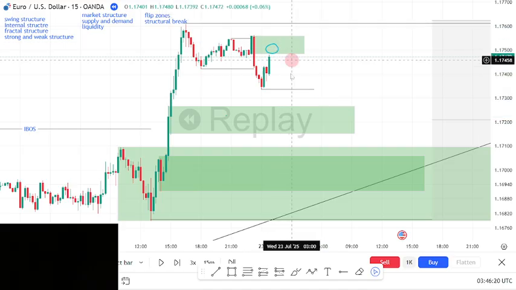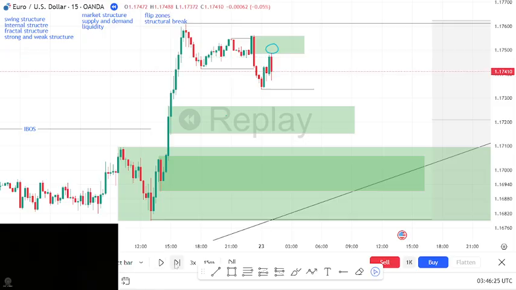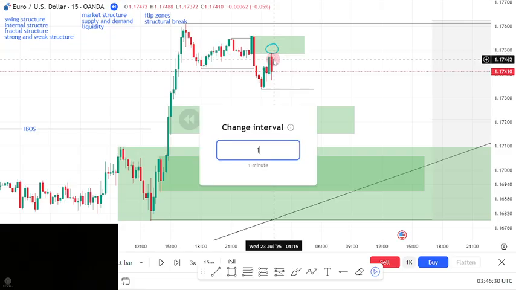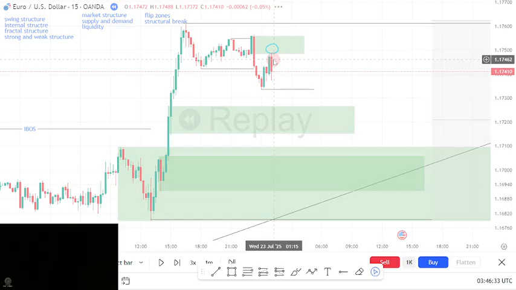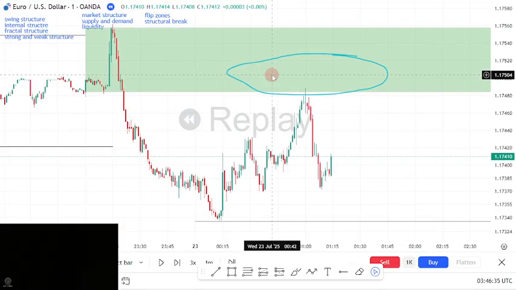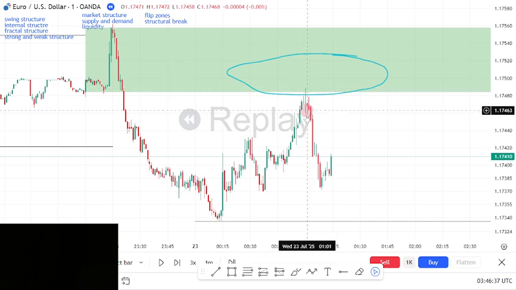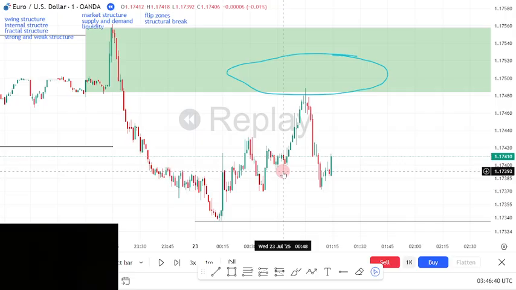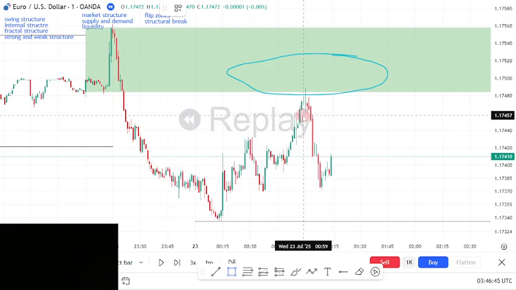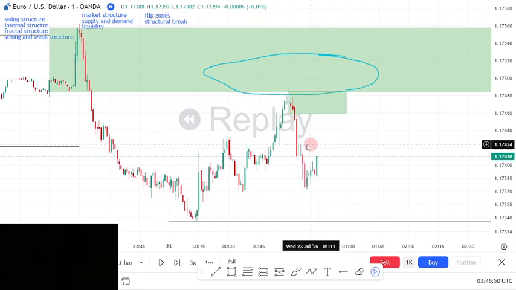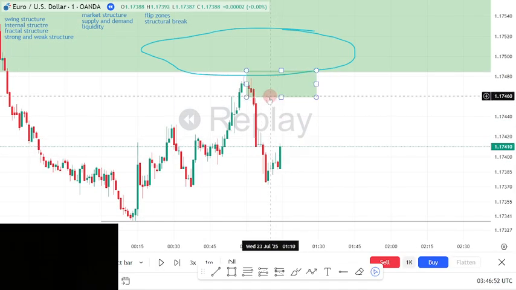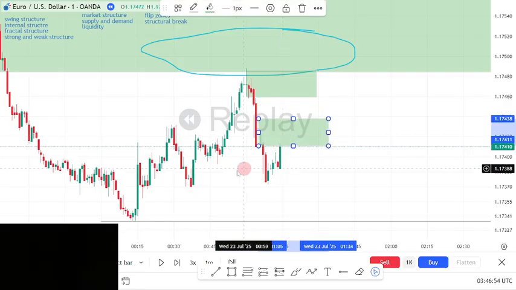Okay, when price is in this zone, I can step down to the 1 minute, so you can see this. When price started into this zone, I could have stepped in, and when we get to this break of structure, I can identify here to be the structure, and you can see here is what we call a flip.